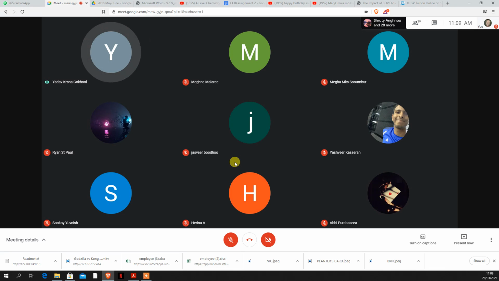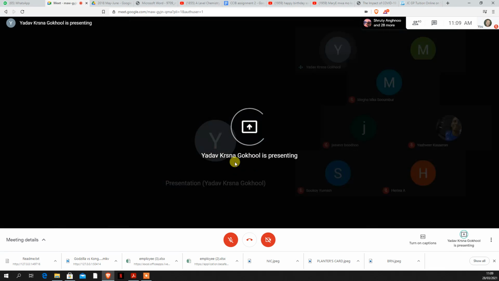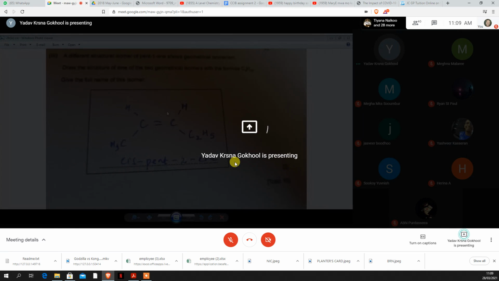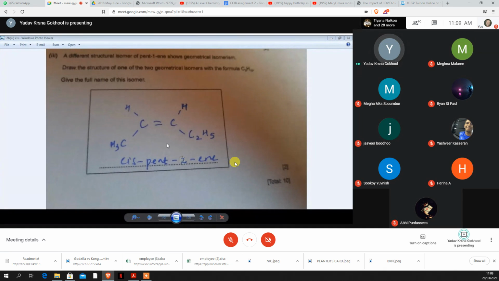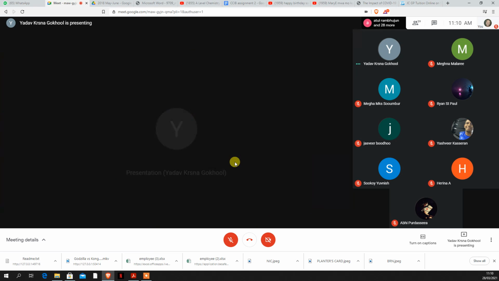So this is a cis. Okay, you can see that 2 H's are above the ground. The groups which are below, no need for them to be the same. I think I taught you that last time. They can change. Okay, at least we have the hydrogens on top. This is cis-pent-2-ene.